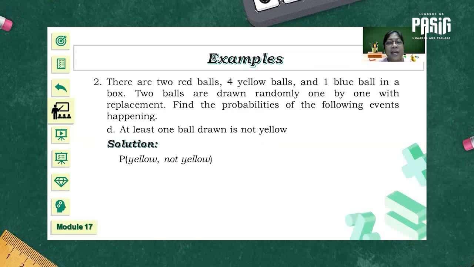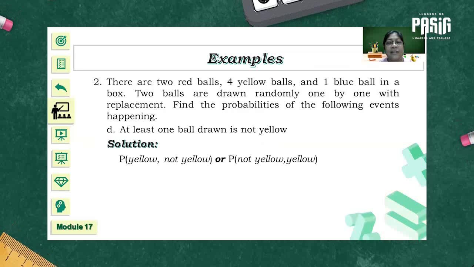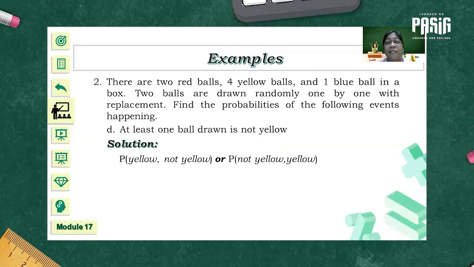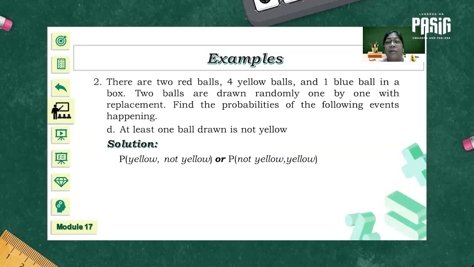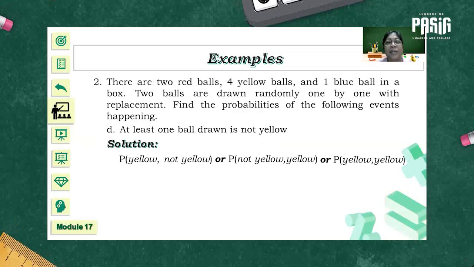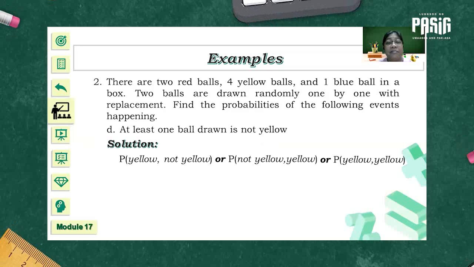The probability of yellow then non-yellow, or the probability of non-yellow followed by yellow, or the probability that both are yellow.